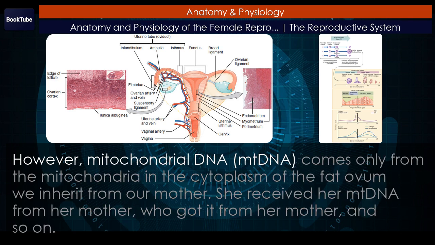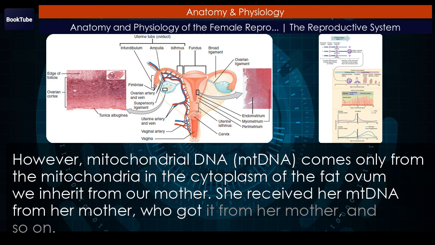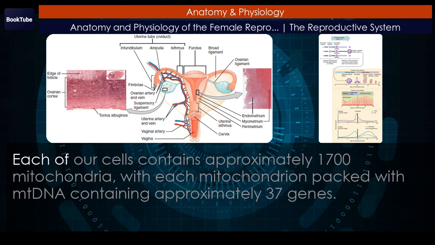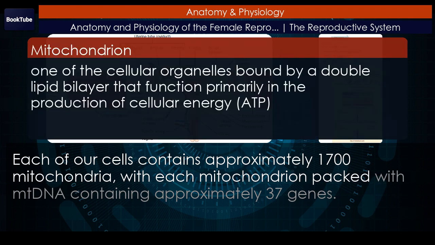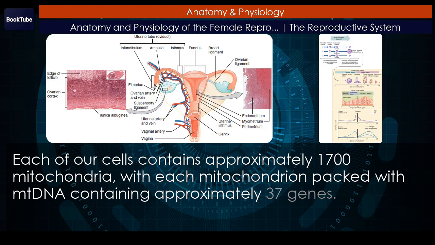However, mitochondrial DNA, mtDNA, comes only from the mitochondria in the cytoplasm of the fat ovum we inherit from our mother. She received her mtDNA from her mother, who got it from her mother, and so on. Each of our cells contains approximately 1,700 mitochondria, with each mitochondrion packed with mtDNA containing approximately 37 genes.